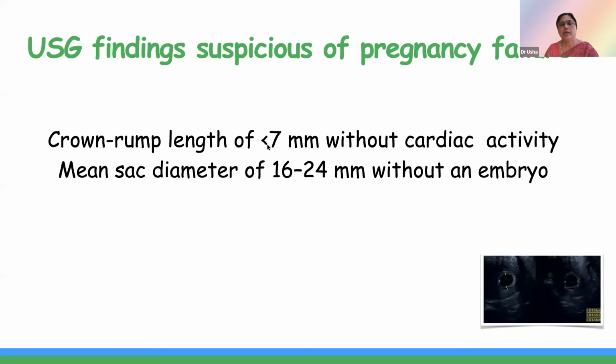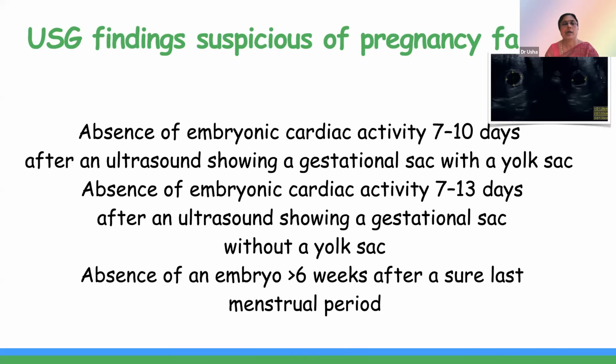So what are they? More than 7 mm without cardiac activity is a definitive feature. If the CRL is less than 7 mm but you still don't see a cardiac activity, or you see a mean sac diameter of 16 to 24 millimeters without an embryo, or you have seen a gestational sac with a yolk sac and you are seeing her again between 7 to 10 days and you still don't see an embryo with cardiac activity, or you have seen a gestational sac without a yolk sac and you are seeing them after 7 to 13 days and you still don't see an embryo with cardiac activity, or if the person is very sure of the last menstrual period and you don't see an embryo after 6 weeks.